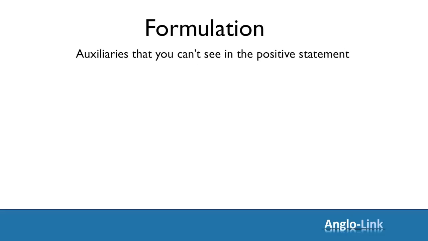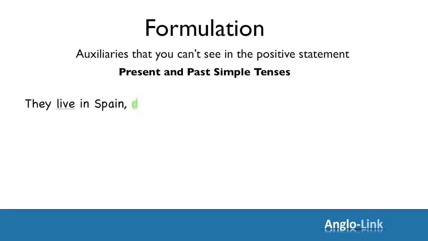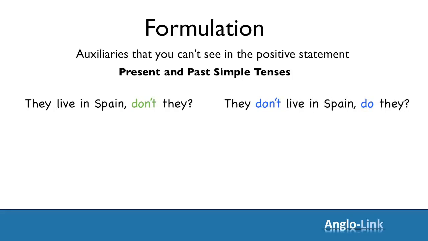Now, let's have a look at statements where you cannot see the auxiliary in the positive statement. This includes sentences in the present and past simple tenses. They live in Spain, don't they? They don't live in Spain, do they?